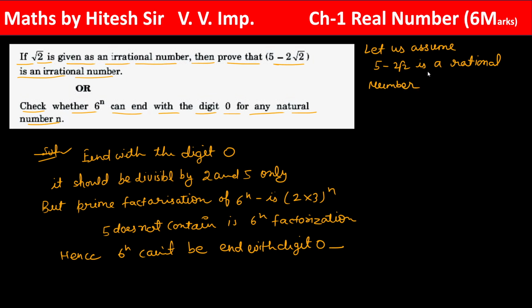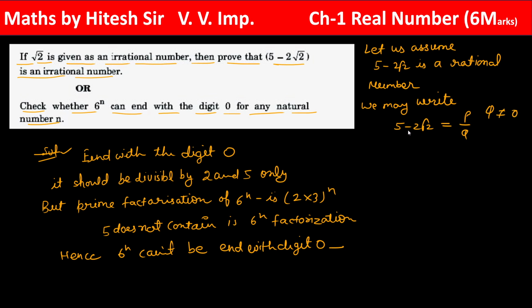If that is a rational number, we may write 5 minus 2 root 2 in the form p upon q, where p and q are integers and q is not equal to 0.